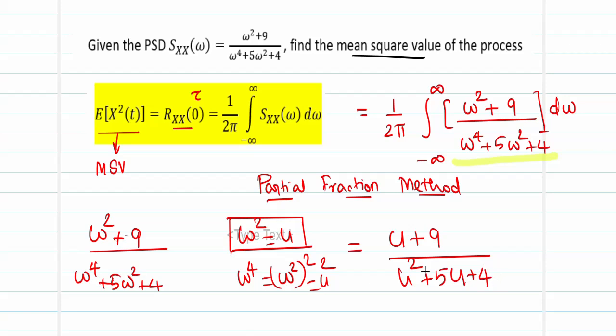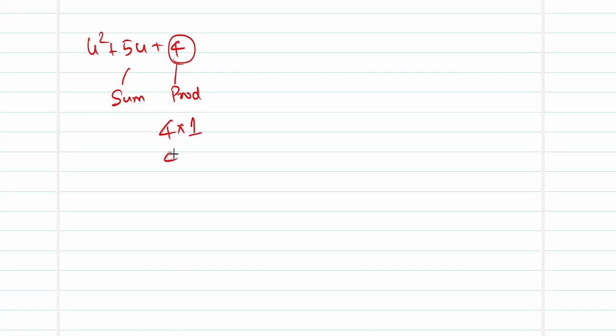Now again, to split this into partial fractions, I will have to factorize my denominator. How to factorize it? U square plus 5u plus 4 is my denominator. So this is going to be my sum and this is going to be my product. I have to get the product as 4. 4 into 1 will give me 4, and 4 plus 1 will make the sum, which is 5.